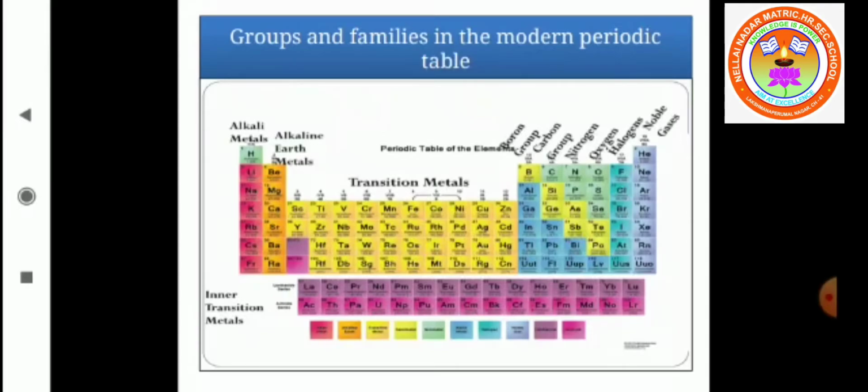Coming to the 18th group, they are called zero group elements, noble gases or rare gases. Okay, children. So these are the 18 groups or families in the modern periodic table. Alkali metals, alkaline earth metals, transition metals, boron family, carbon family, nitrogen family, oxygen family, halogens and noble gases.